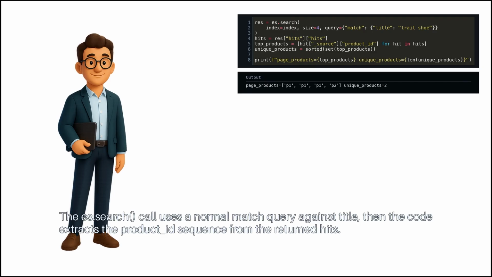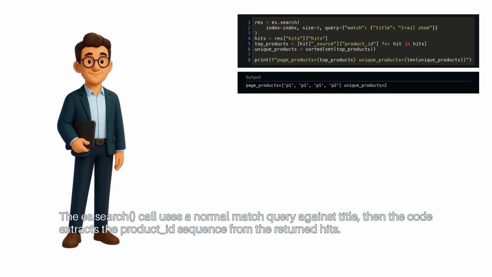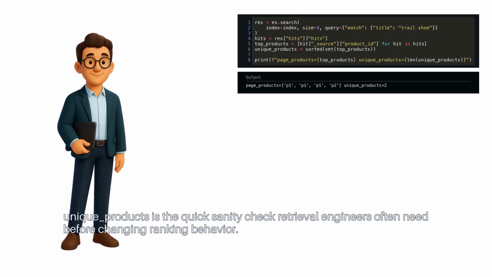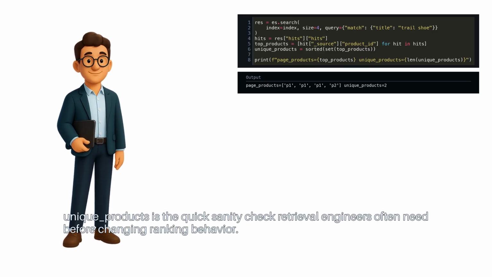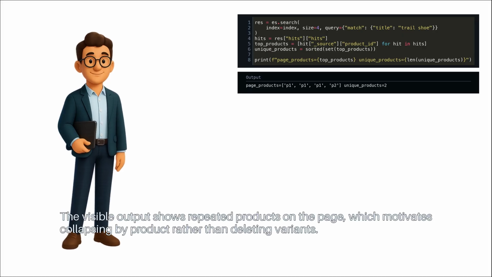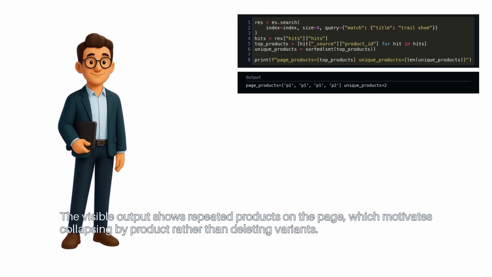The es.search call uses a normal match query against title. Then the code extracts the product ID sequence from the returned hits. Unique products is the quick sanity check retrieval engineers often need before changing ranking behavior. The visible output shows repeated products on the page, which motivates collapsing by product rather than deleting variants.